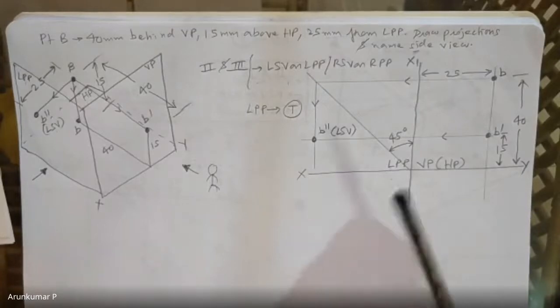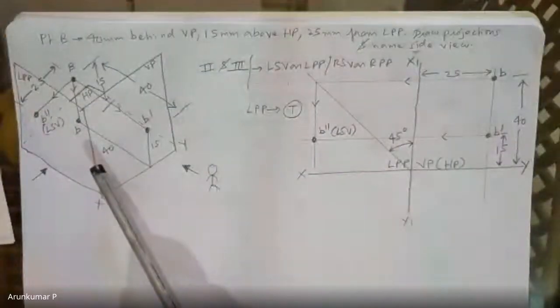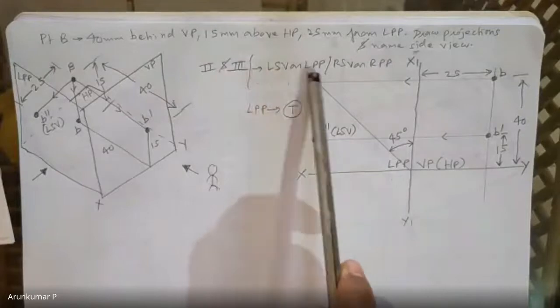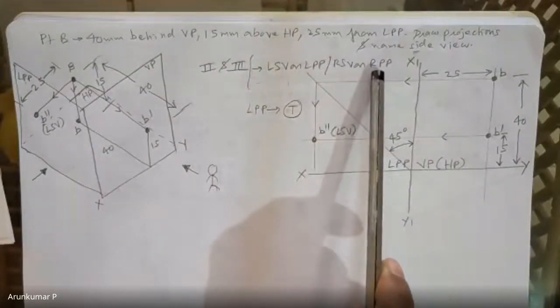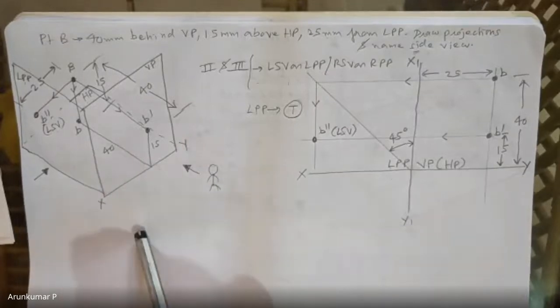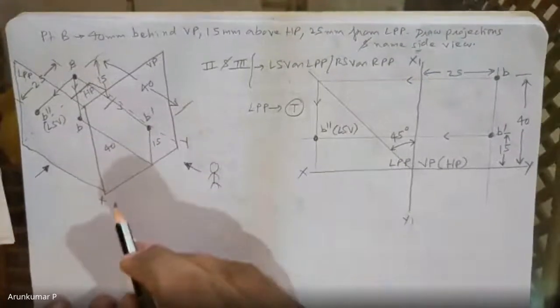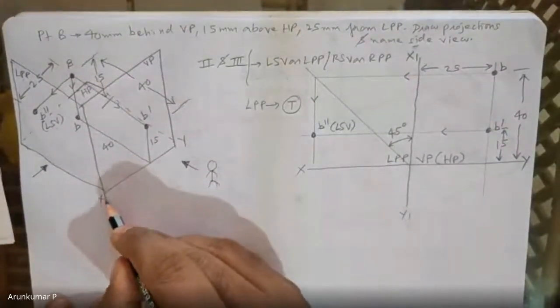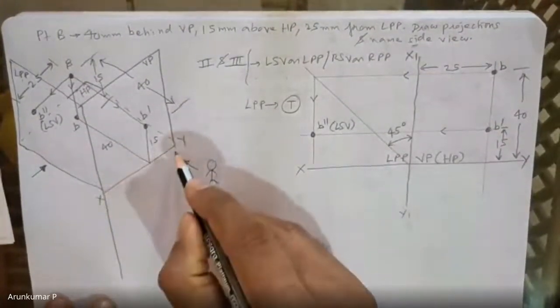Now this arrangement of whatever we discussed, left side view on left profile plane, right side view on right profile plane, is applicable to the third quadrant also. Okay, because you see the third quadrant is lying below the second quadrant.